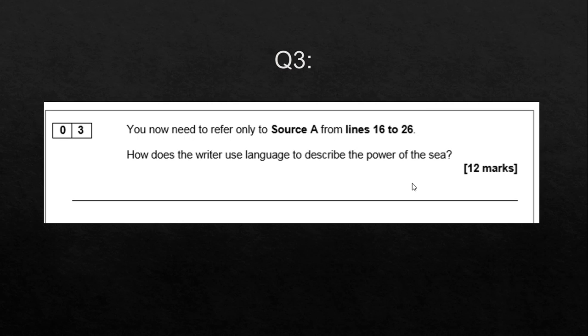But you don't need to language feature spot. That can be an area where students stumble, because what you've picked out may not actually relate to the focus of the question. So if you weren't focusing on the power of the sea, then what you were picking out and talking about isn't necessarily going to pick you up marks.